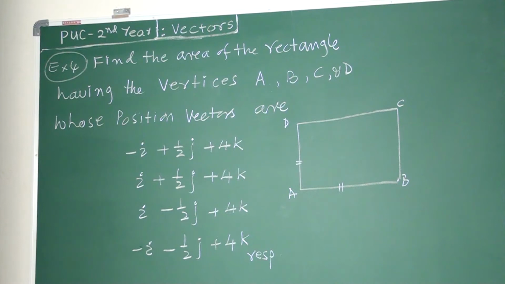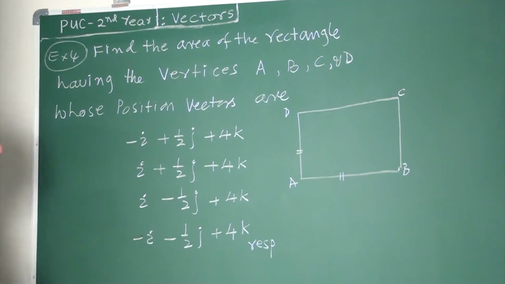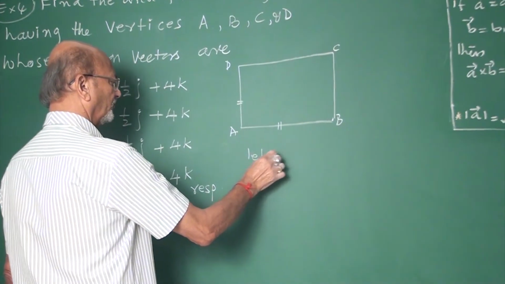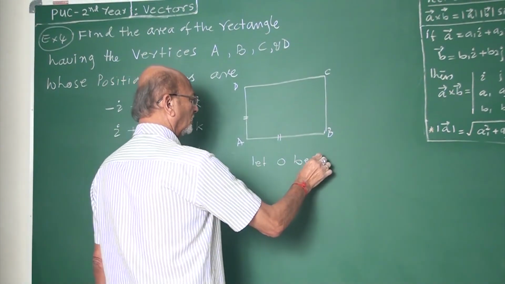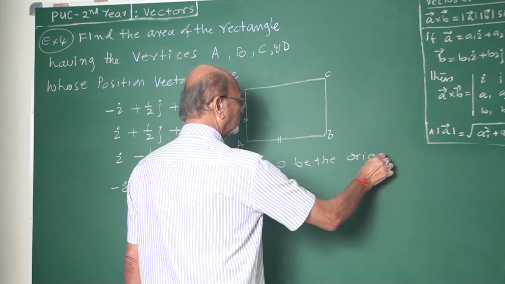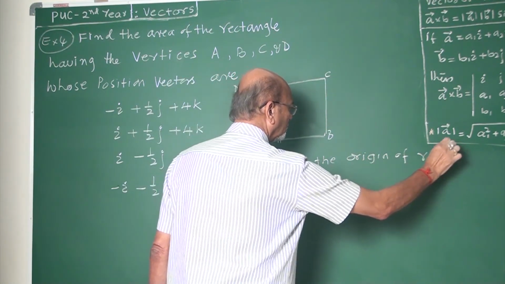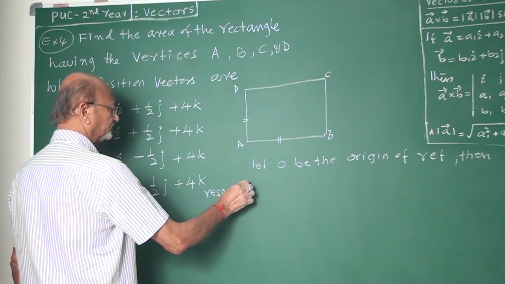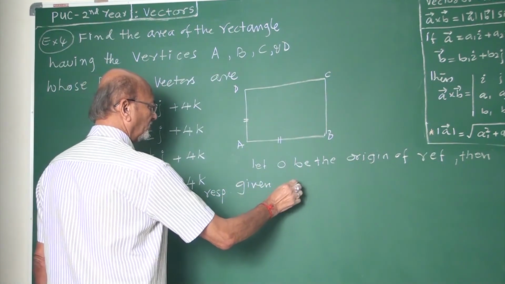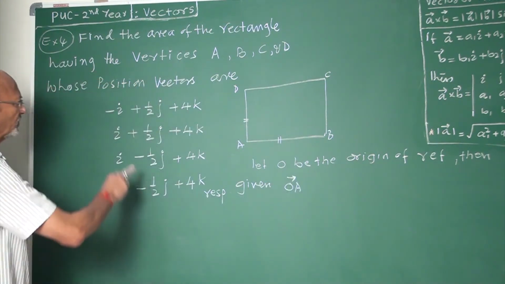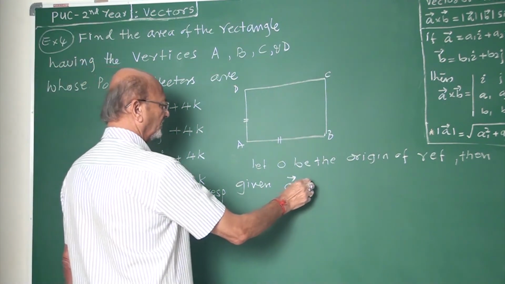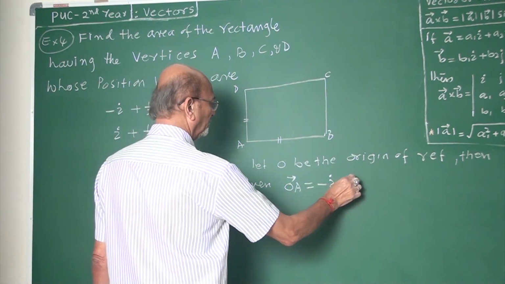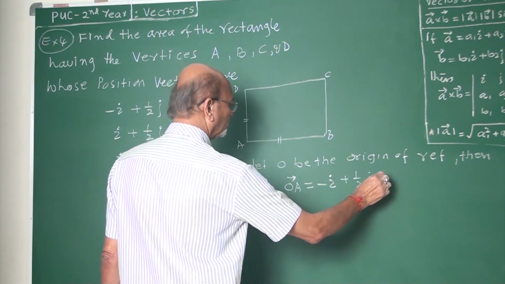Let O be the origin of reference, then this is the position vector of A, B, C, D. Given, friends, the position vector of the first vertex OA is minus i plus half j plus 4k.